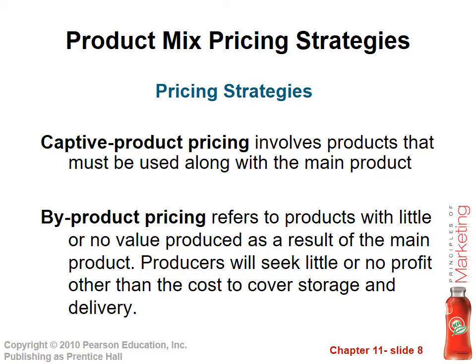The third one is captive product pricing, which involves a product that must be used along with the main product. So in captive product pricing, you cannot choose, you have to take all the price together, even though that price consists of different features or different facilities. Just for example, when you would like to stay one night in a hotel, they usually already include the price for breakfast.